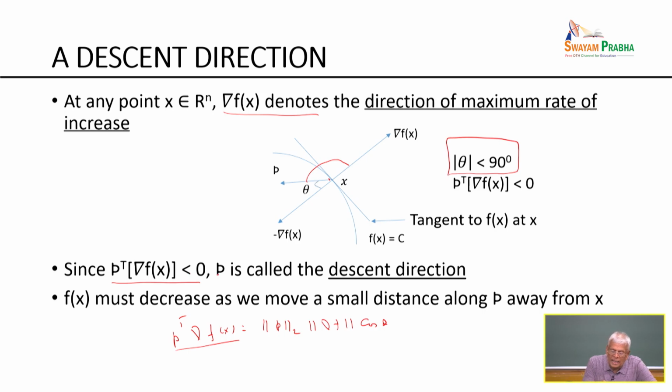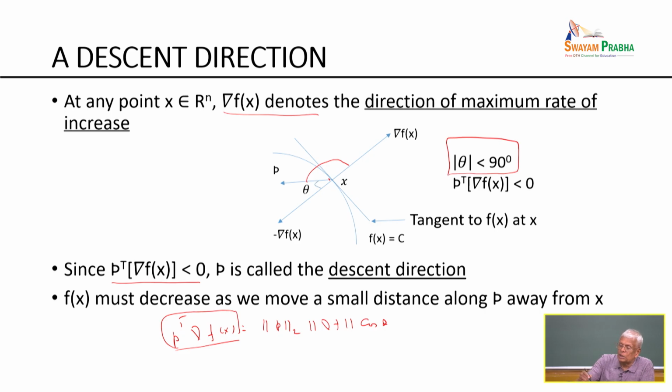So, if there is a direction P for which the inner product of P with the gradient is negative, that is a descent direction. Why is this called a descent direction? By going along P, I can hope to decrease the value of the function. And what is another way of looking at P? P is a descent direction if and only if it makes an angle theta with the negative of the gradient which is less than 90 degrees.